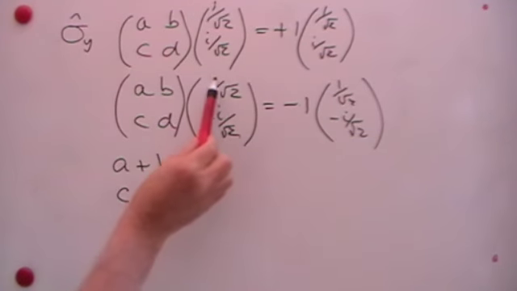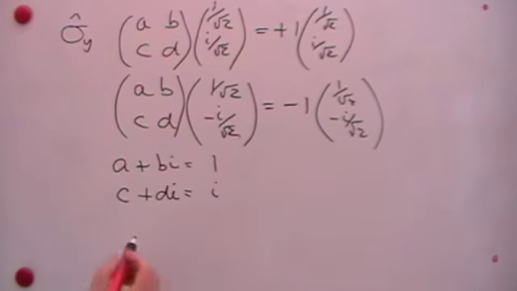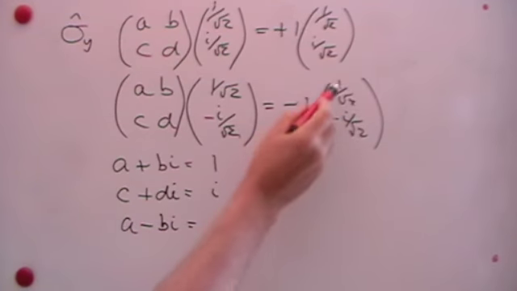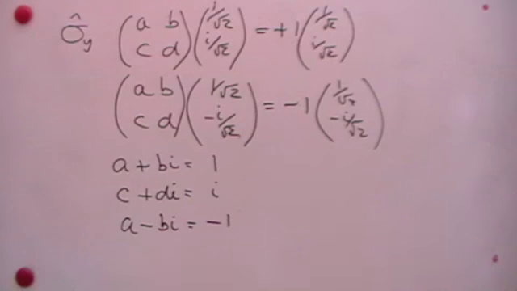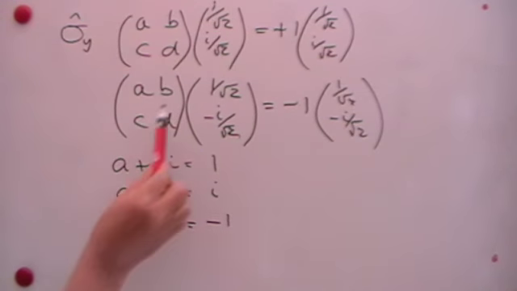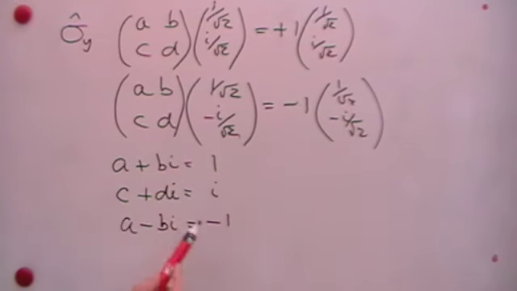Here I've got a times 1 minus bi, so that's a minus bi, is equal to minus 1 times 1, which is minus 1. And here we've got c times 1 minus di, so that's c minus di, is equal to minus 1 times minus i, which is plus i.